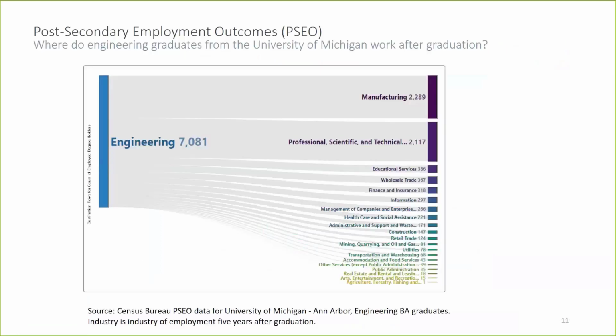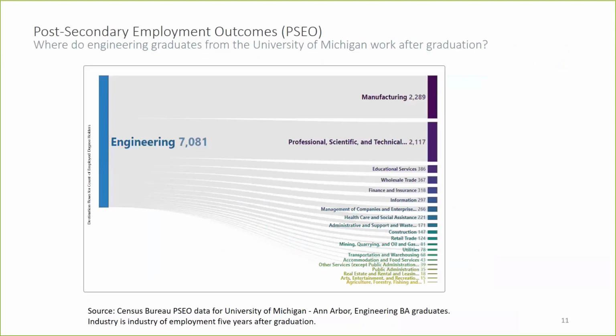You can also see, and this is a good example, the University of Michigan Ann Arbor engineering BA graduates. You can see that a number of them go into manufacturing as well as professional, scientific, and technical services.